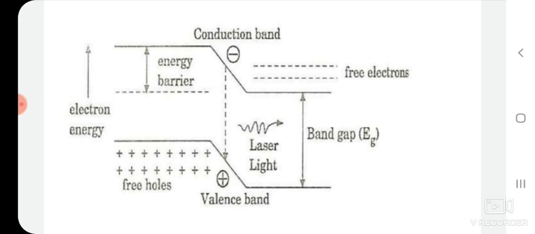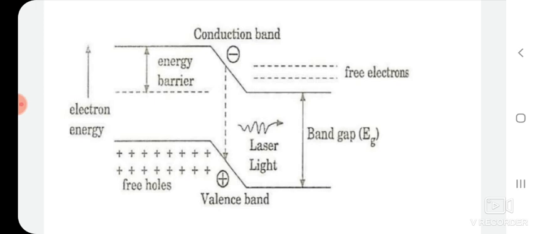When the PN junction diode is forward biased with large applied voltage, the electrons and holes are injected into a junction region in considerable concentration.